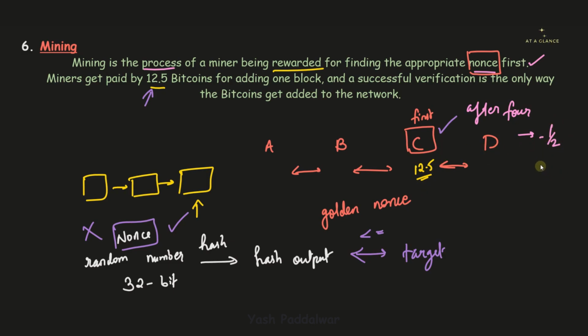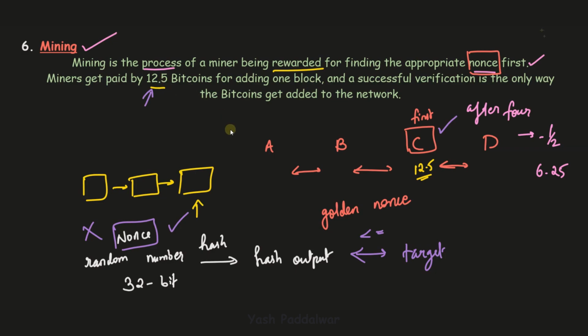So after 4 years, the reward will be 6.25, and it will go on and on. After every 4 years, the reward will be reduced by half. So this is the speciality, or I would say this is the term that you should understand and keep in mind. I hope the entire process of mining is clear to you all. This is a major component in the blockchain component list.